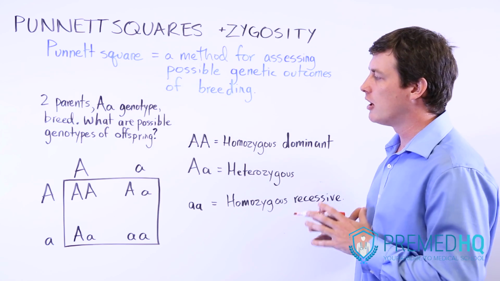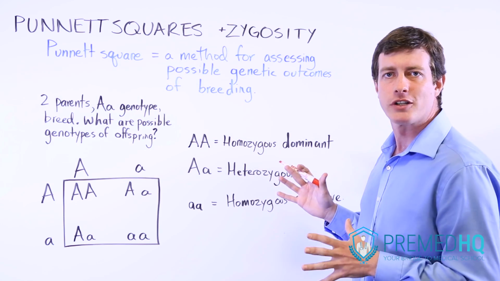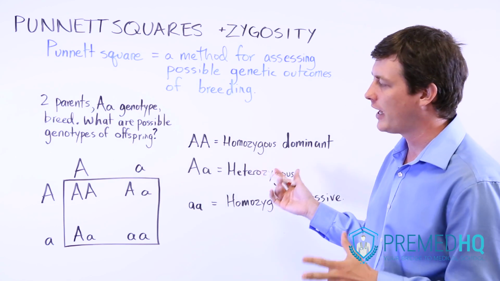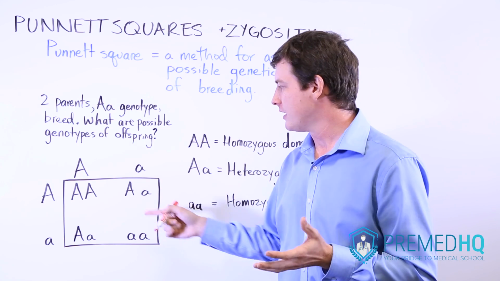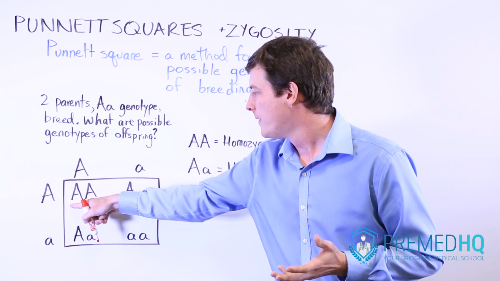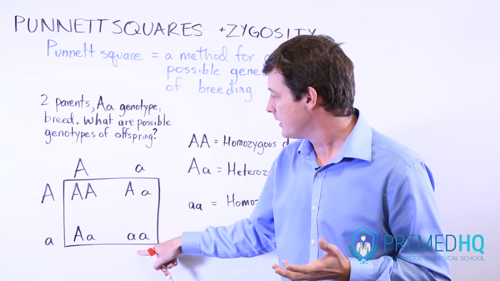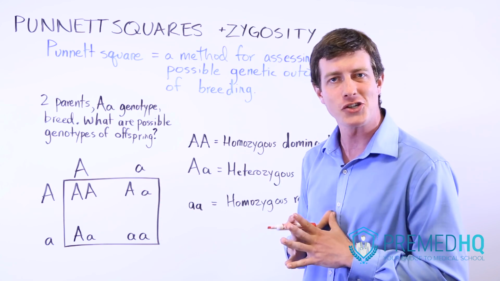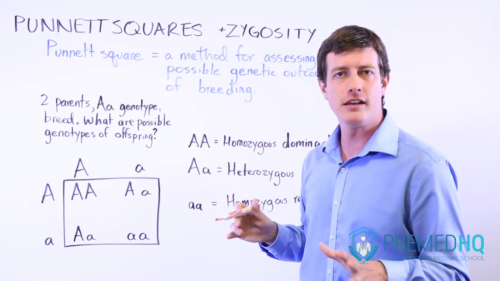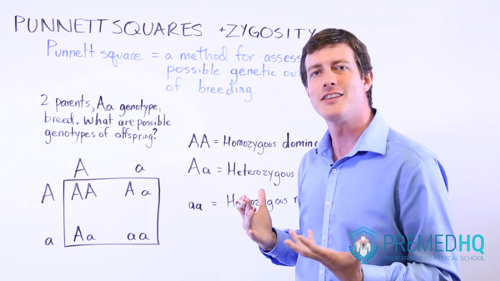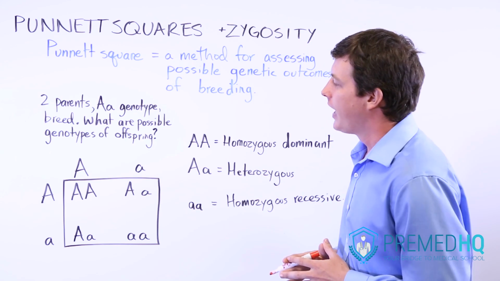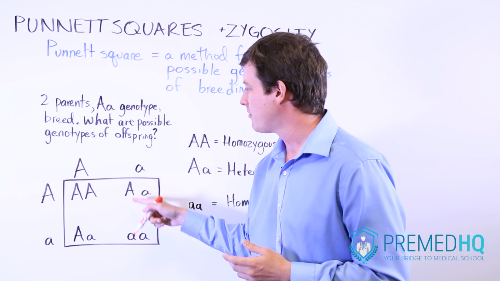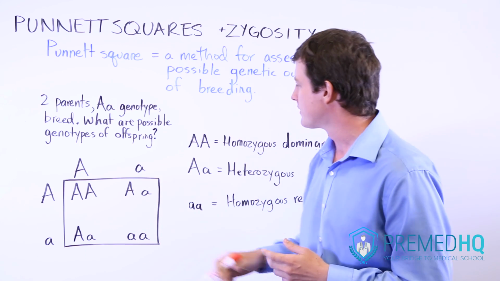And so there are various genotypic outcomes, and we can assume that these all happen with equal frequency. There's just as much likelihood of this as there is of this, and of this as there is of that exact combination, assuming that the genes segregate appropriately and there's independent assortment. And so there's a 25% chance of getting any of these.